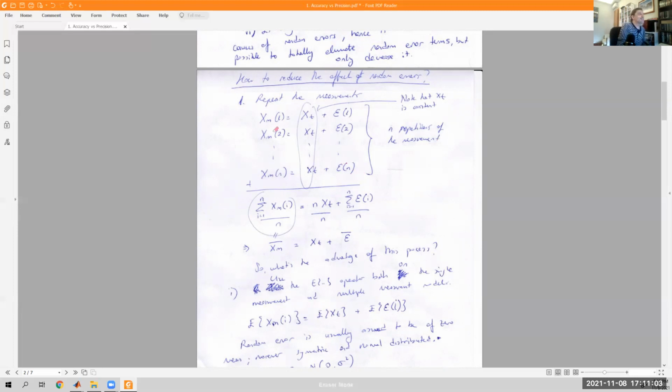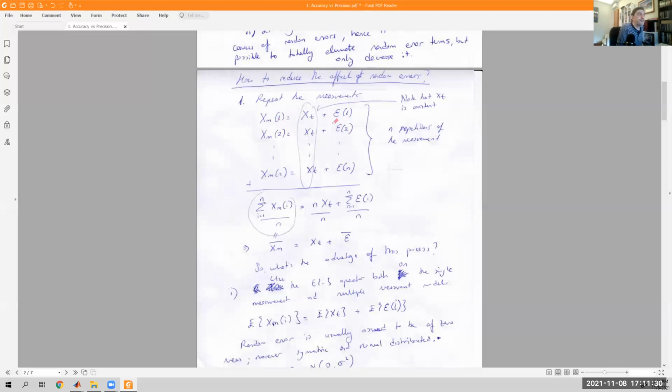When we repeat the experiment, let's go back to our model. So we are now living in the model world, and we are trying to understand what's going on. The first measurement, for instance, is going to be equal to the true value plus an error term, epsilon 1, the first experiment. The second measured value, xm2, is going to have the same true value because I aim for the very same experiment, the same level here.